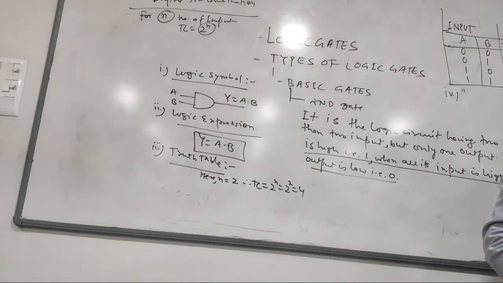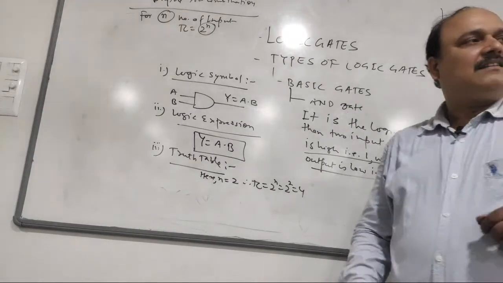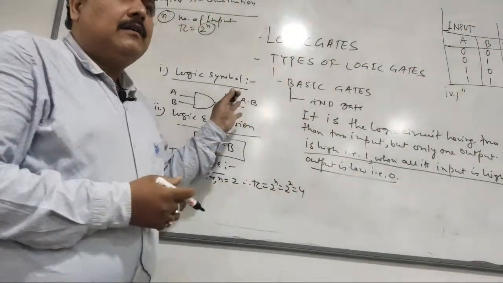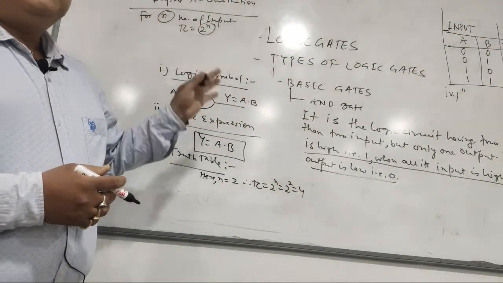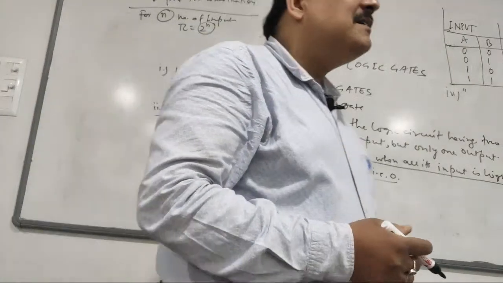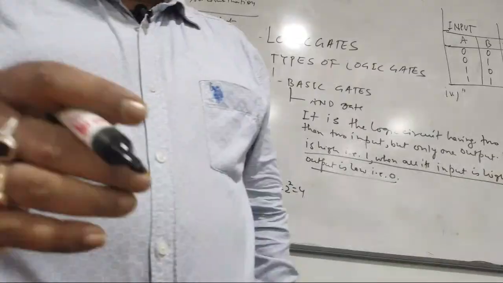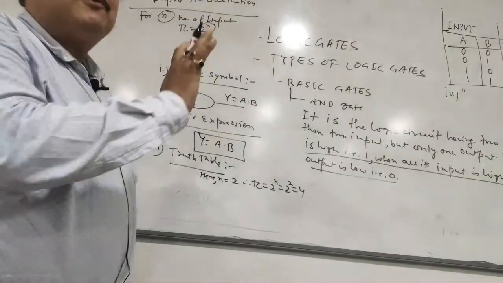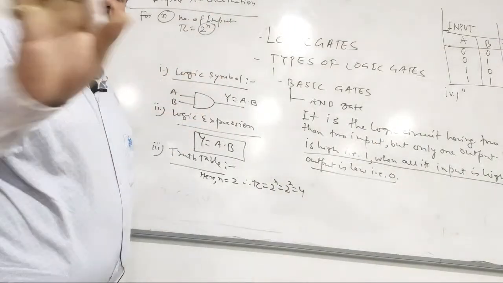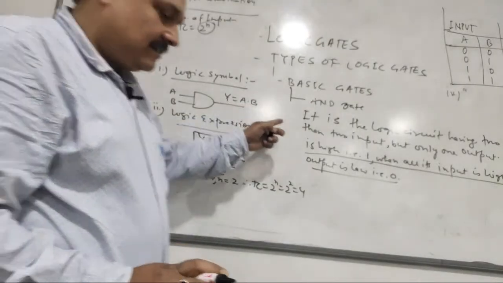You are not in the frame. No need to be in the frame. Just arrange it. Is the board visible or not? Crystal clear. Okay, I am not visible, the board remains visible. Whether I am visible or not, that doesn't matter.